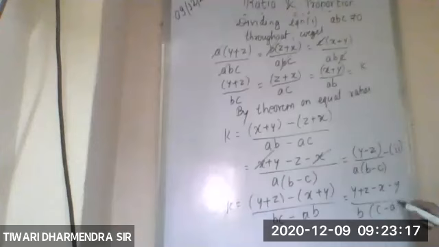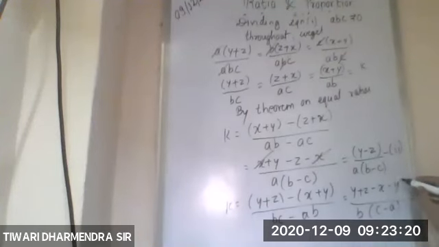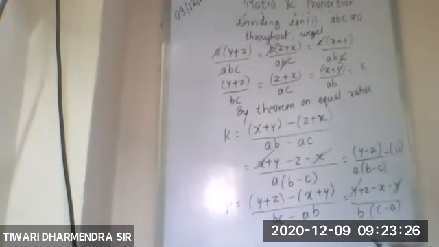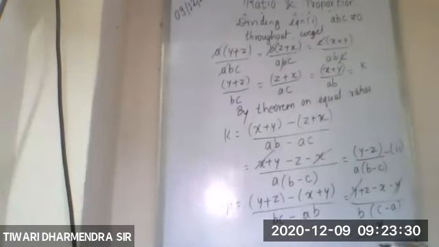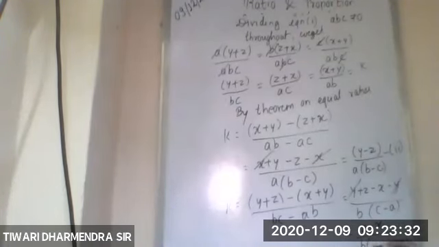So what remains? C minus A. Terms with opposite sign get cancelled. So y gets cancelled. What remains? (z minus x) upon B into (C minus A). This is equation number 3.